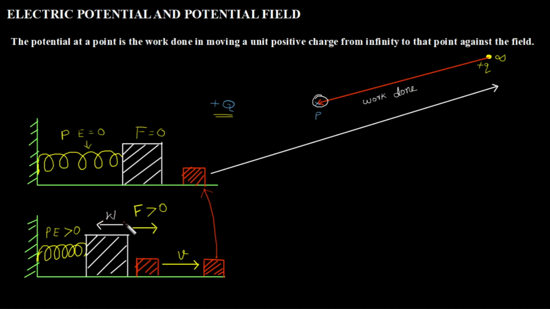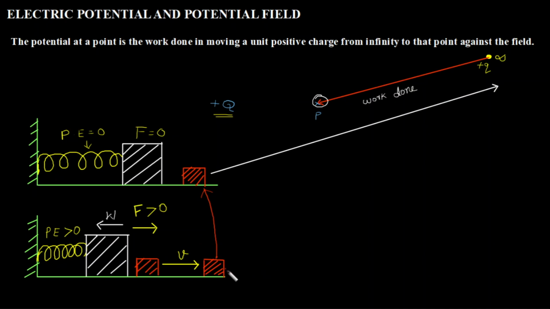It is equivalent because the work done by you to push this will be directly proportional to this force, and that force is pushing this box. So how much work you are doing to bring this box from this position to this position, so that you can bring that box to this vicinity, because here somebody is ready to push you with F greater than 0, it is going to push.